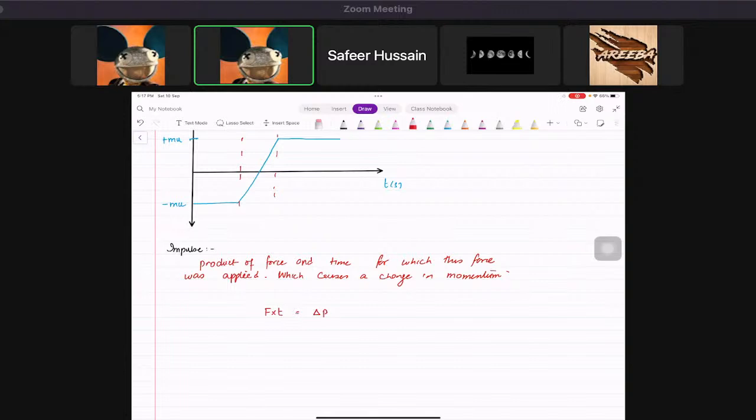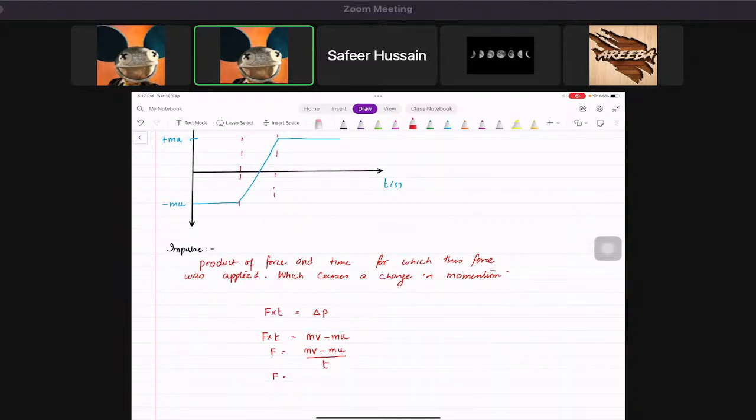Now if I expand the other side, this will be mv minus mu, so that's the change in momentum. And if I divide by the time, force will be mv minus mu divided by t.